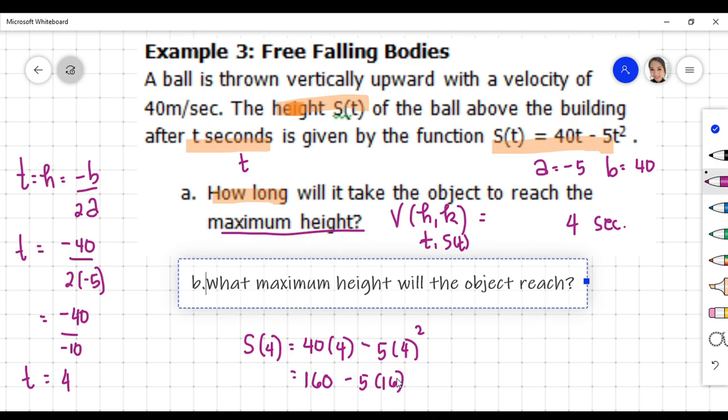So what is 5 times 16? That is equivalent to 80. So 160 minus 80 is equal to 80. Since height ito, the height is represented in meters. Therefore, the maximum height that the object will reach will be at 80 meters.